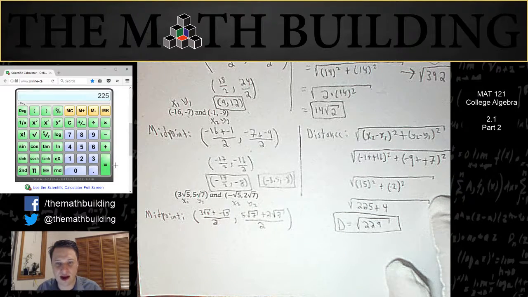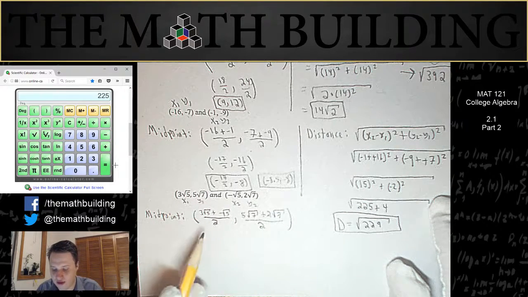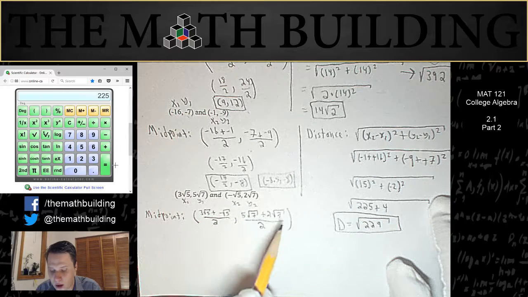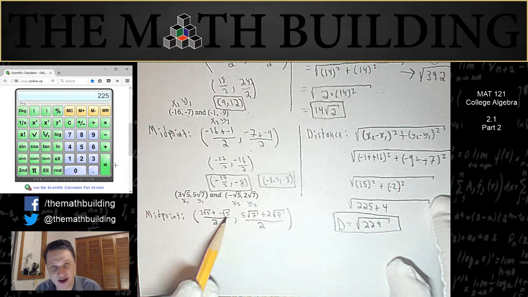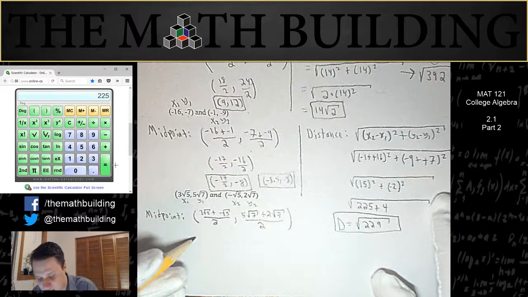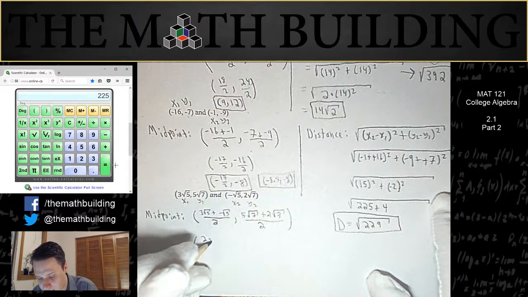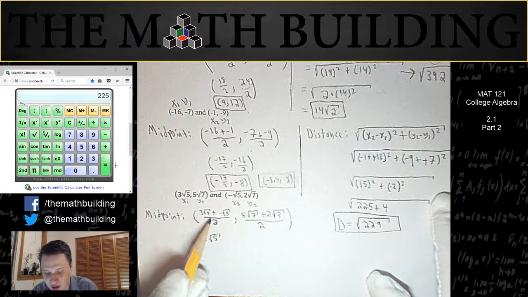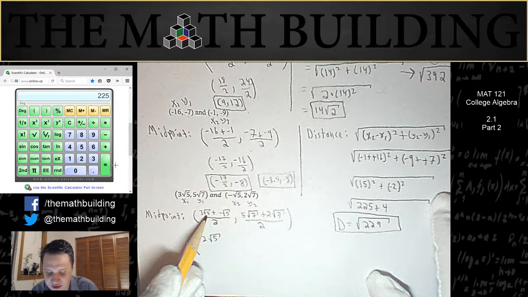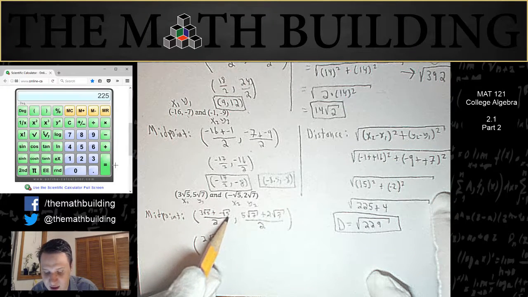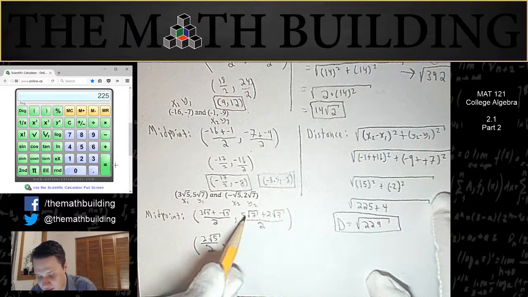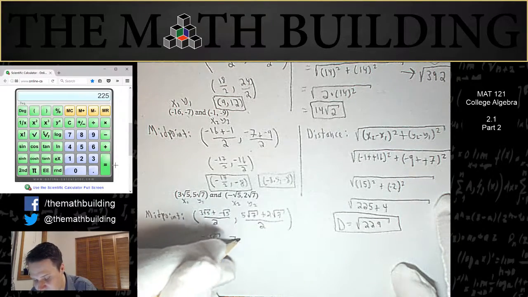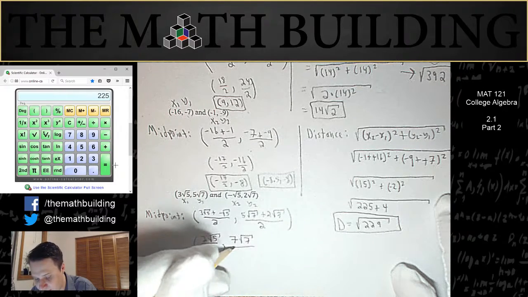So it's actually going to be not as bad as it looked in the beginning. Just x1 plus x2 over 2, y1 plus y2 over 2. 3 root 5 plus -√5, that's simply going to be 2 root 5, because we're kind of adding like terms here. 3 root 5, take away a root 5 is 2 root 5 over 2. 5 plus 2 is 7, root 7 divided by 2.